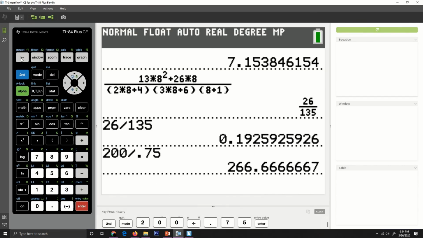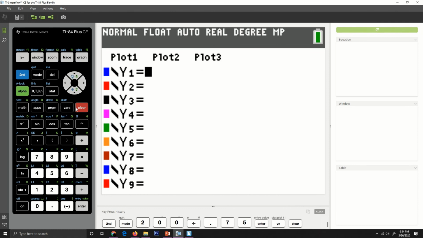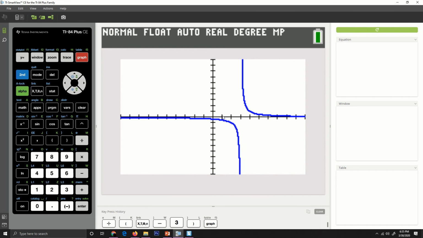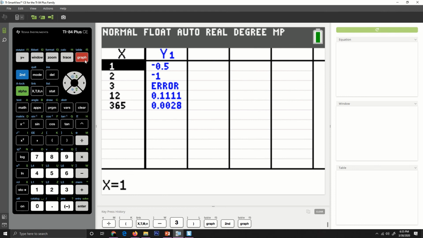Let's clear this out. If I go 1 divided by quantity x minus 3, again, the division by 0 is going to happen when x is equal to 3. So when I graph this thing, 1, 2, 3, there's my division by 0. And if we look at the table, when I type in 3, I get an error. So there's an issue there.